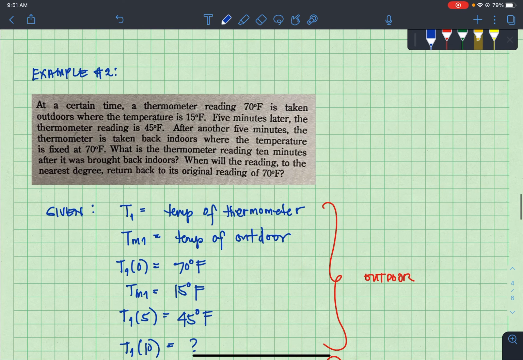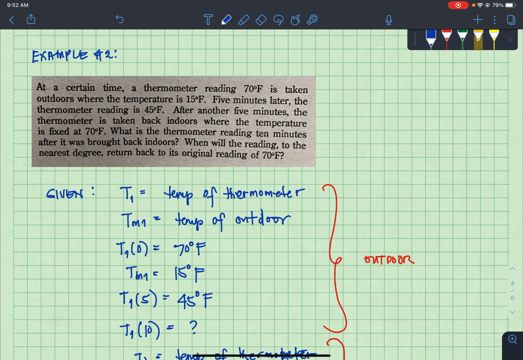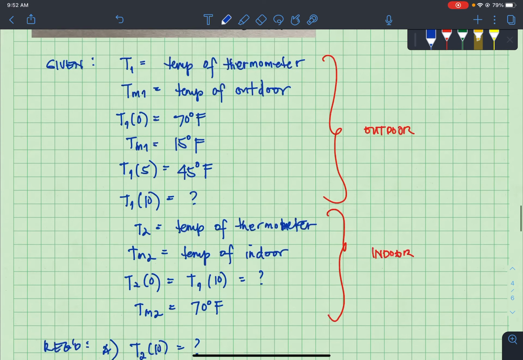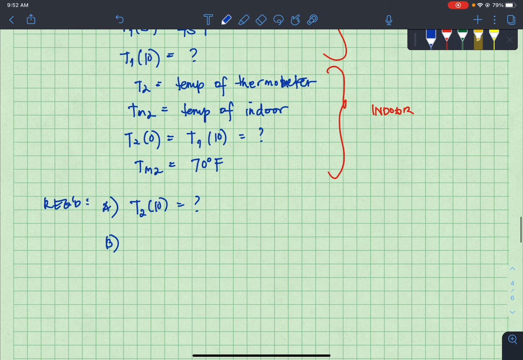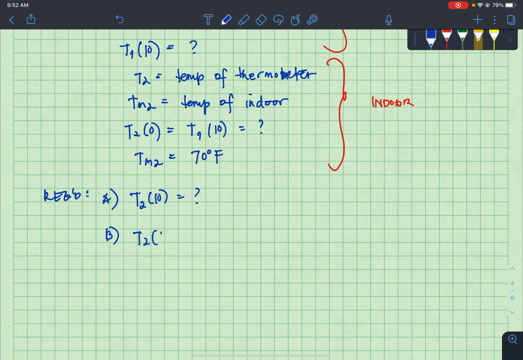And the second one is, when will the reading, to the nearest degree, return back to its original reading of 70 degrees Fahrenheit? Nearest degree, so to 70 degrees Fahrenheit. So when will be that time?